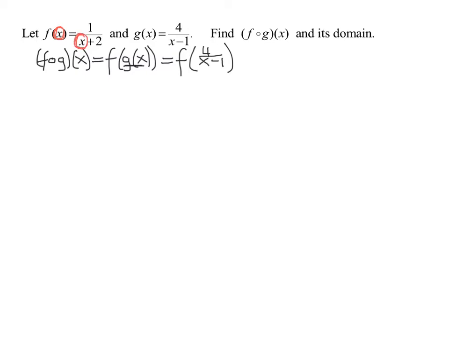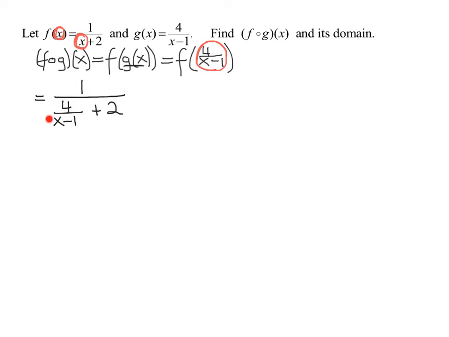And who do I have to put in those red circles? 4 over x minus 1. So f of 4 over x minus 1 is just equal to 1 over 4 over x minus 1 plus 2. And that is the unsimplified form of the composition, but we're going to have to simplify it. We can't leave a complex fraction in our answer.